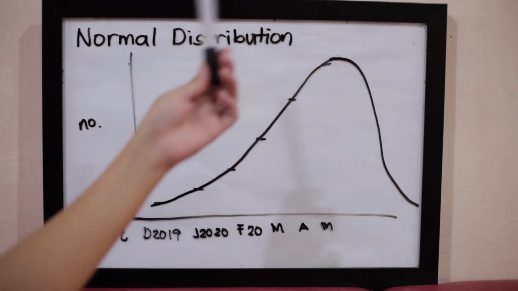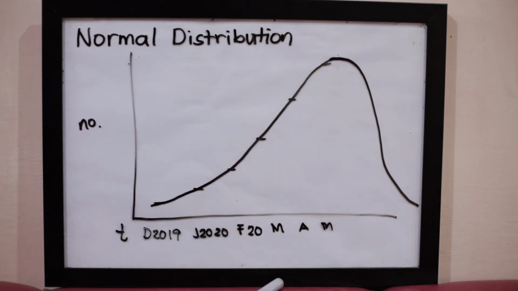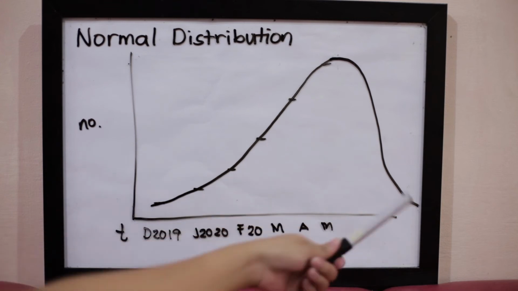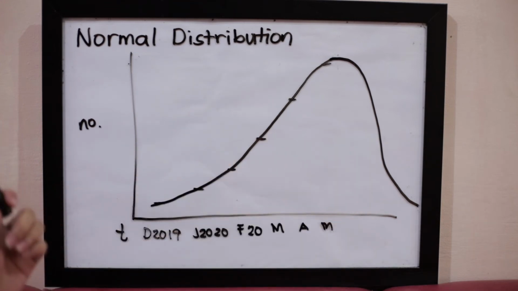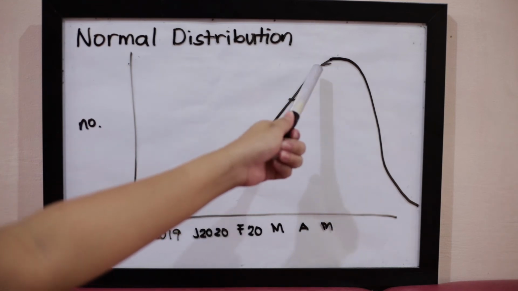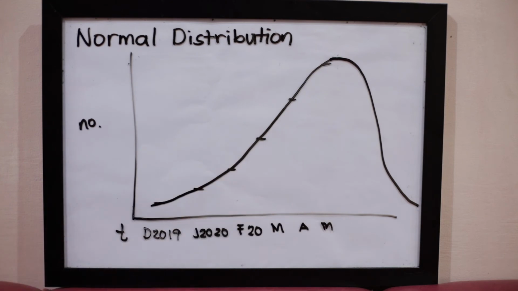So this graphical representation is an example of a normal distribution. If the cases will not flatten, or the curve will not be flattened, meaning we are still at the peak, it is not yet a representation of normal distribution.